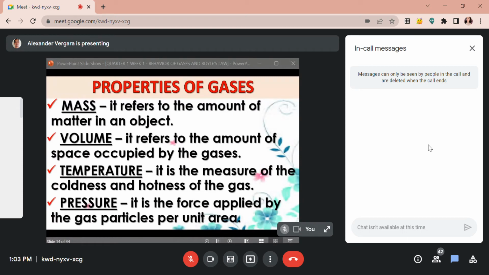Millimeters of mercury, or mmHg. So those are the units. Don't forget that.